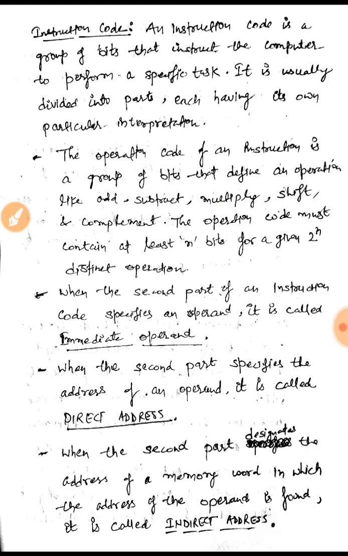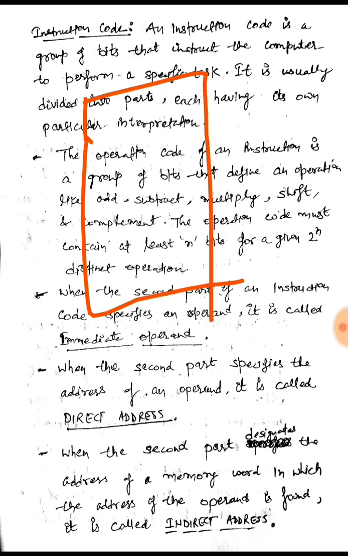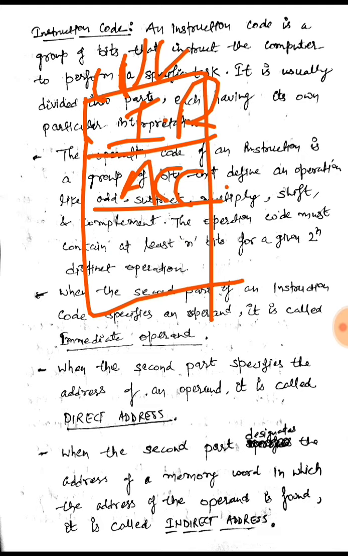When the second part specifies the address of that operand, we would be having certain registers in our CPU, that is instruction register or accumulator or general purpose registers, GPRs, which we have already seen in the last lecture.